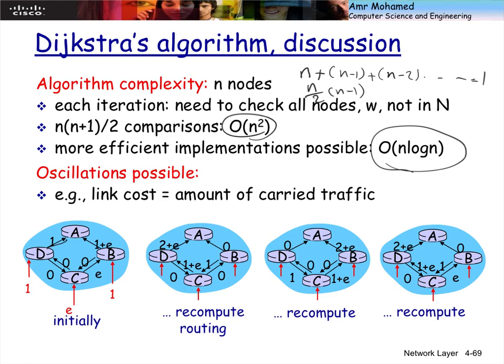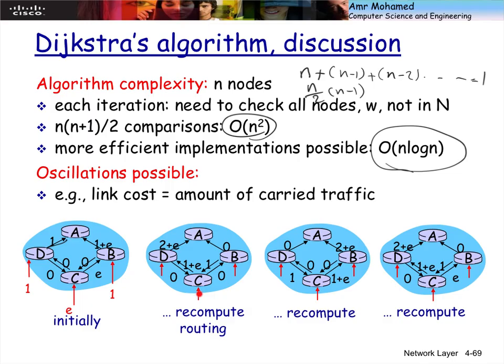Do you see the issue? B will say, okay, if I need to send this one, this is 1 plus E, and this is E plus 0 plus 1. But this is a similar cost, so I may actually send it here or send it here. Are you following what's happening?